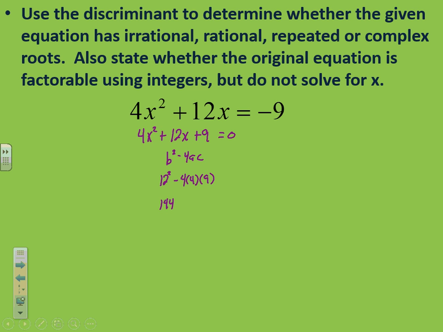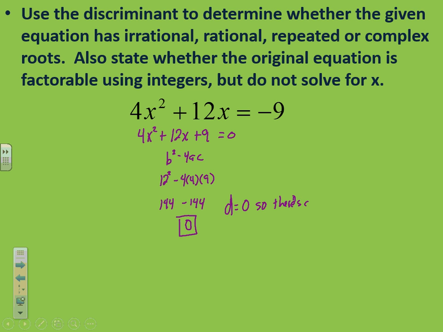Negative 4 times positive 4 times positive 9 is going to give you another 144. But these are opposites and they cancel out, and so the discriminant works out to be 0. So this tells us a couple of things. First of all, the discriminant is equal to 0. So according to the stuff that we had at the beginning of the presentation, that means there's only one real solution.